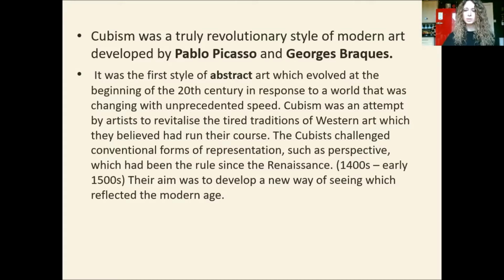But the Cubists wanted to rebel against this movement that they thought was boring, and they wanted to create their own style. Their aim was to develop a new way of seeing which reflected what they felt was the modern age.